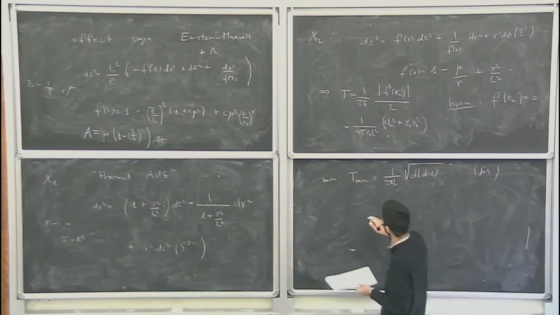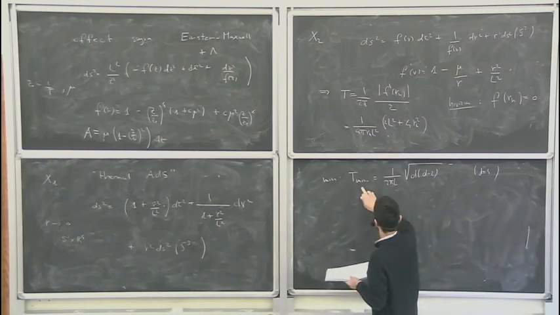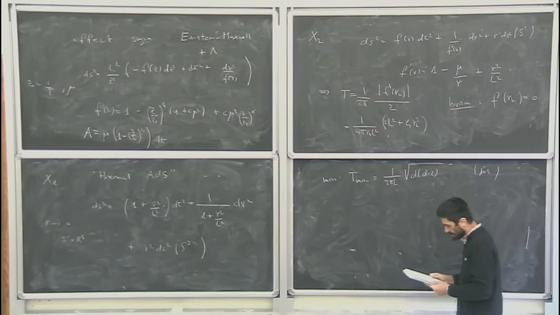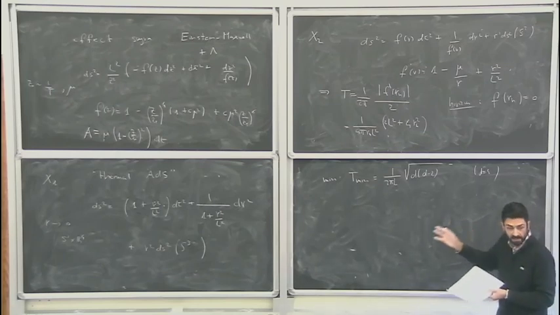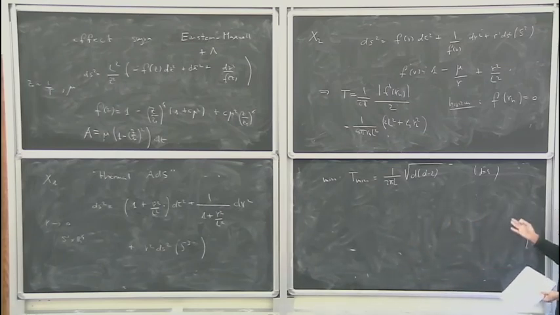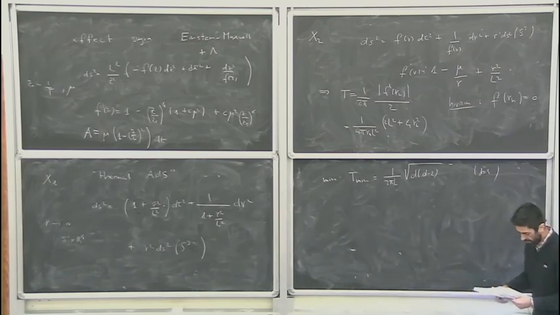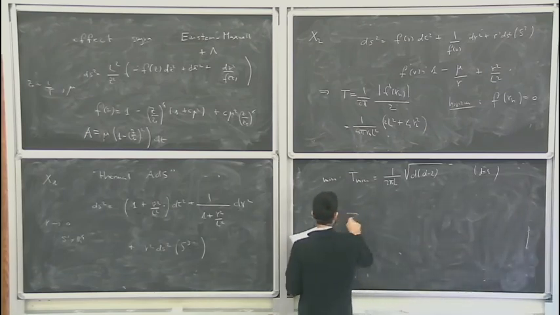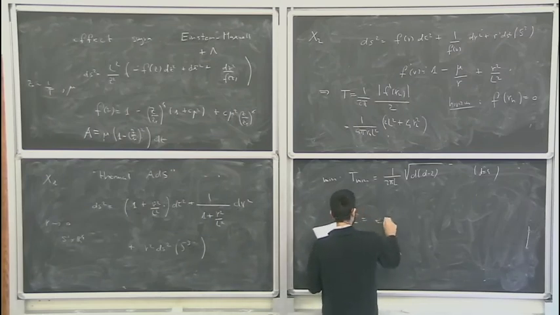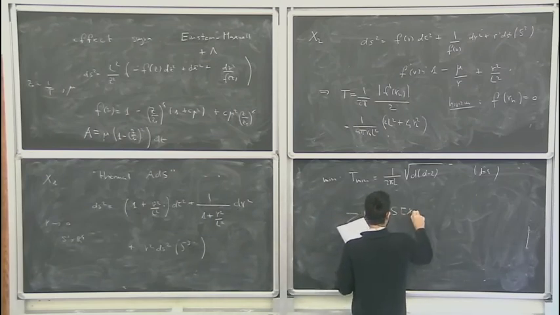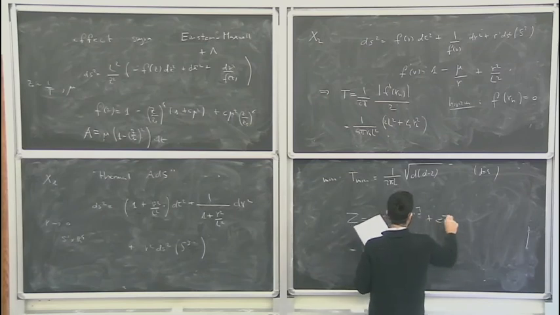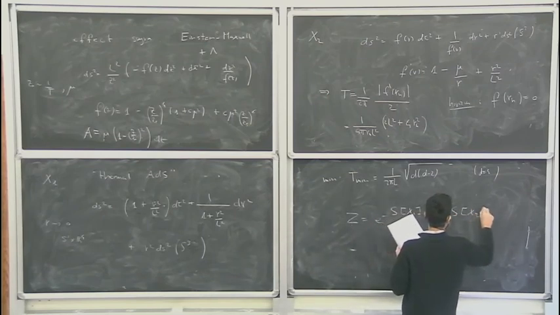Whereas this one exists only for T larger than T minimum. But when both exist, you have to apply the master formula and sum over both solutions, right? So you get that your Z is equal to e to the minus S of x1 plus e to the minus S of x2, right?